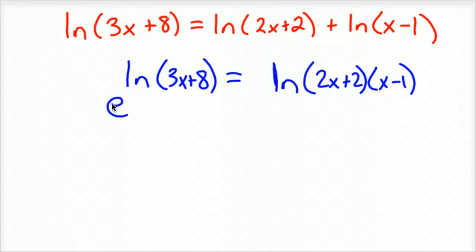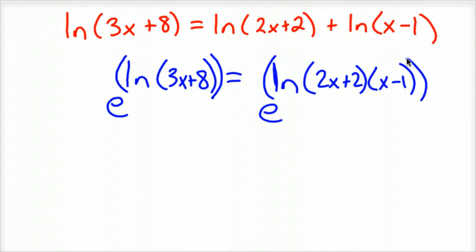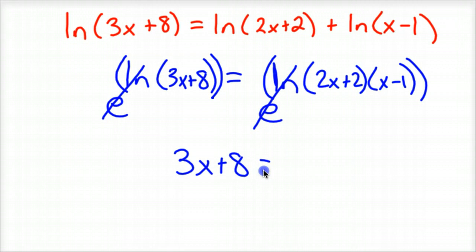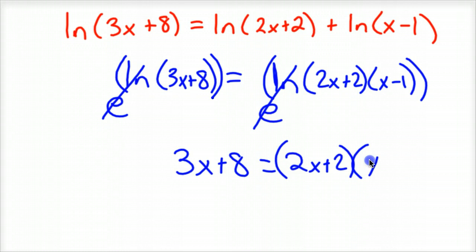So if you take both sides of the equation, e to the power of this, whatever you do to the left, you do to the right, so e to the power of this. What happens is your natural log and your e's are inverses. They end up simplifying out. And so you're left with 3x plus 8 equals 2x plus 2 times x minus 1.